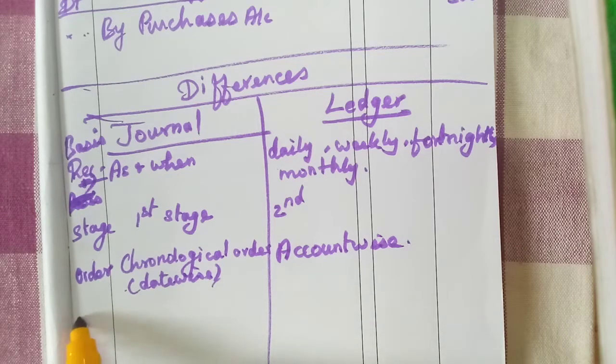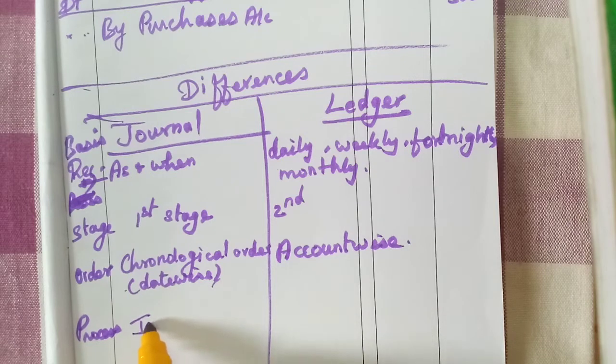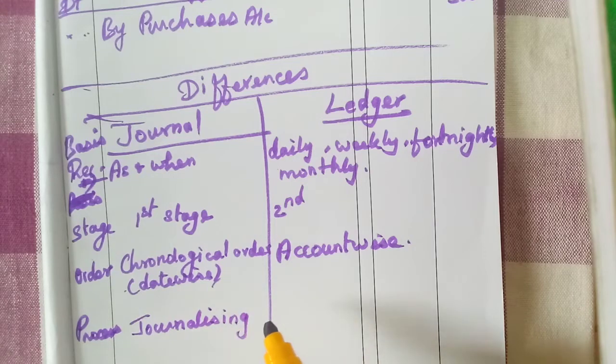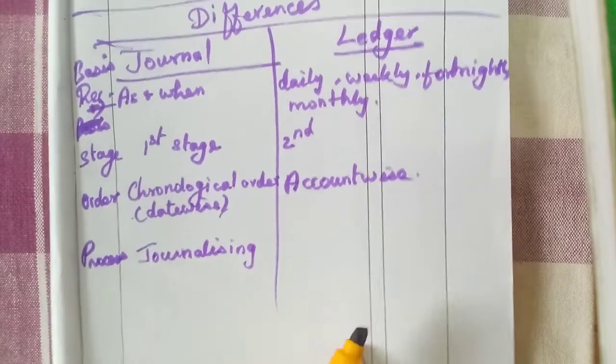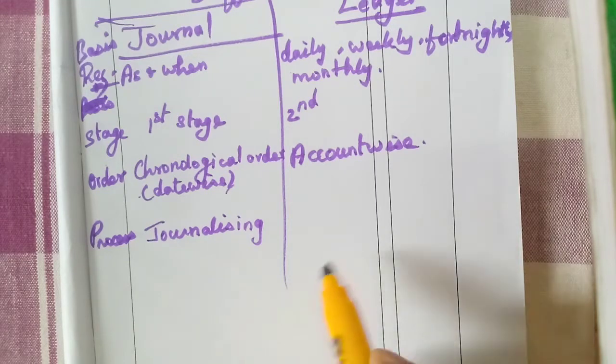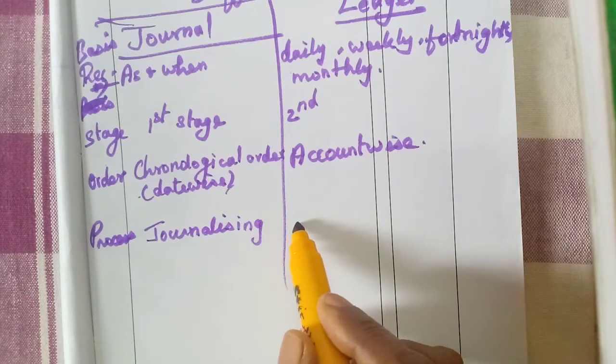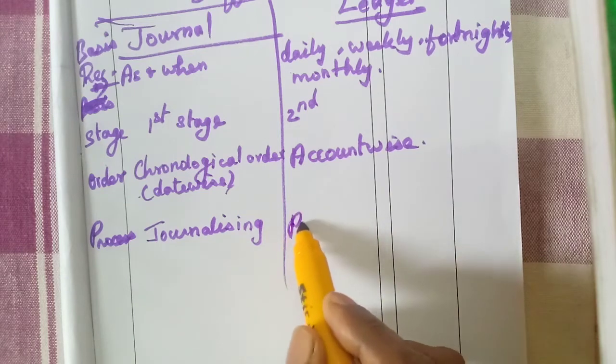Then process. We know the process of preparing a journal entry is called journalizing, isn't it? That is the first process of accounting we have learned. Preparing a journal entry is called journalizing. Then the process of recording the journal entries in the ledger is called posting.